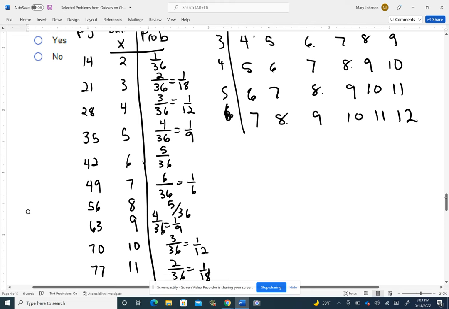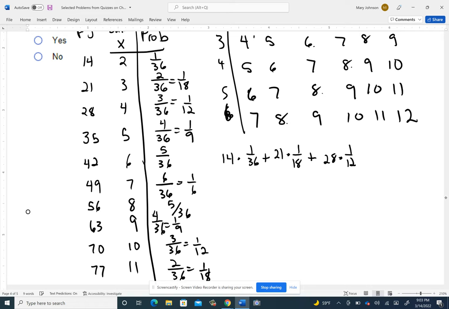That's what you multiply by the probability. All right, so what you're going to work out is 14 times 1 over 36. Then you're going to do 21 times 1 over 18, and so on. 28 times 1 over 12. Keep going. Make sure I don't mess up the line. 42 times 5 over 36, plus 49 times a sixth, plus 56 times 5 over 36.